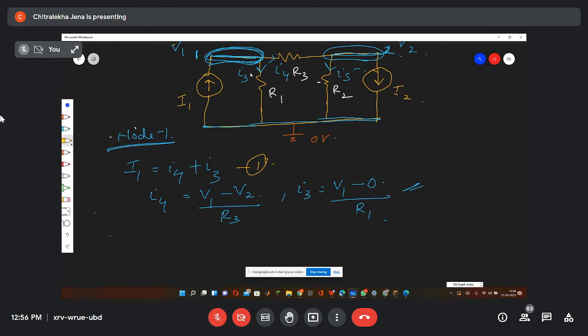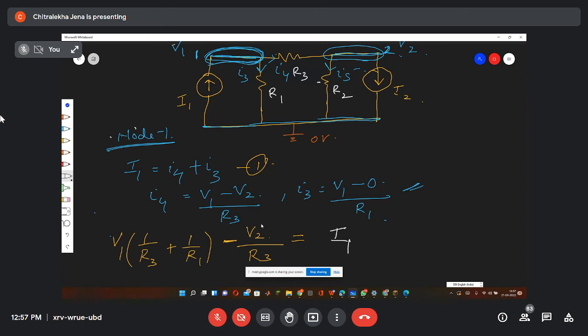While writing the equation for node 1, the equation is the product of the potential of that particular node with the sum of the reciprocal of the resistances connected to that node, minus the ratio of the potential of the adjacent node to the interconnecting resistance. There is no adjacent battery, so this will be equal to the value of the current source.